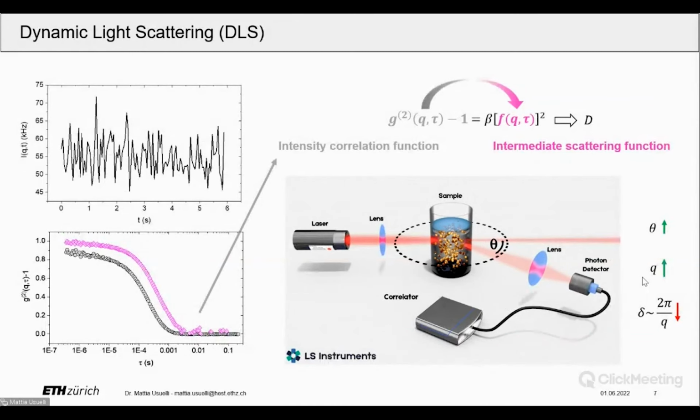So this is what we saw before. This is a typical dynamic light scattering experiment. We have our intensity as a function of time. We compute the intensity correlation function, which is our measurement data. We go from this to the intermediate scattering function through the Siegert relation, and we extract the diffusion coefficient.